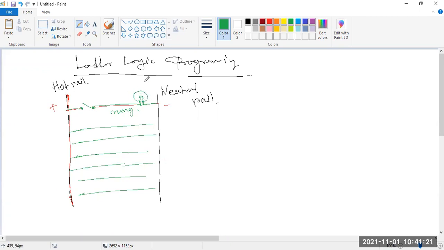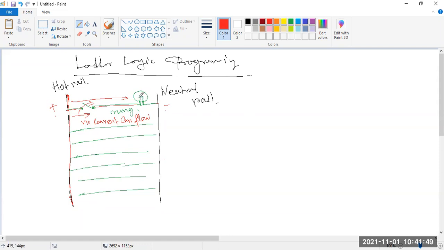What happens whenever this switch is open? Then no current can flow from this hot rail to the neutral rail. But whenever you close this switch, current can easily flow from this hot rail to the neutral rail.